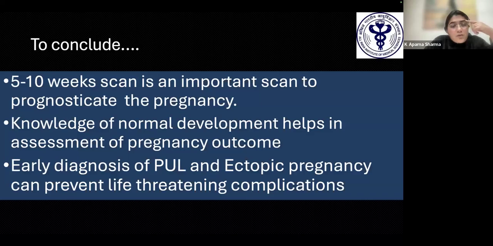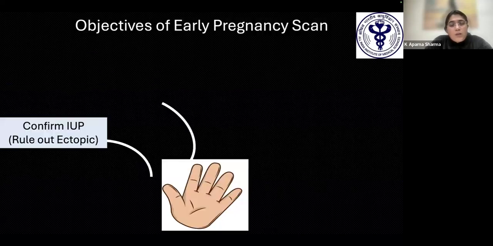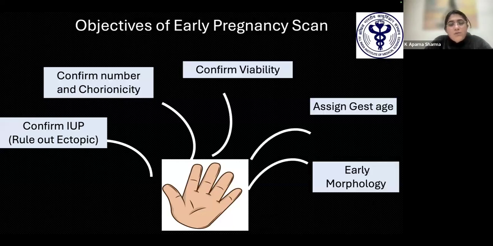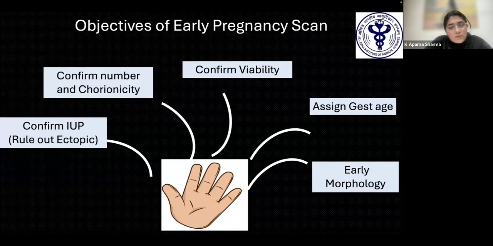Early diagnosis of pregnancy of unknown location and ectopic pregnancies can prevent life-threatening complications. And hence, it's a very vital part of our antenatal care. And we have a huge responsibility to do it well so that we are able to give the right diagnosis to the patient. So just to conclude: confirm intrauterine pregnancy, confirm number and chorionicity, confirm viability, assign gestational age, and some basic early morphology if that is possible.